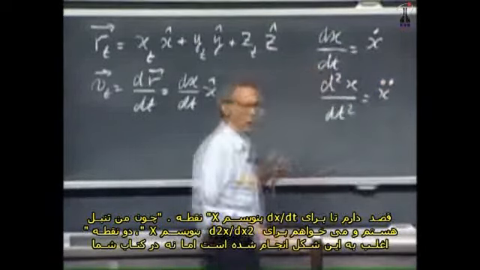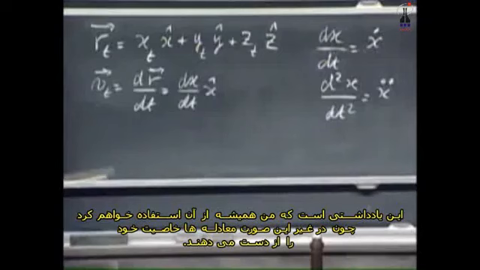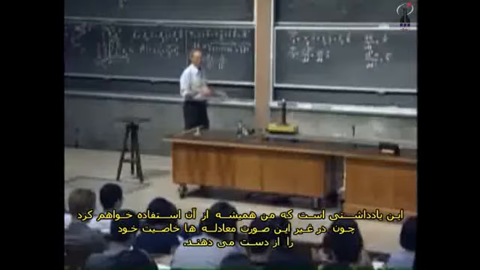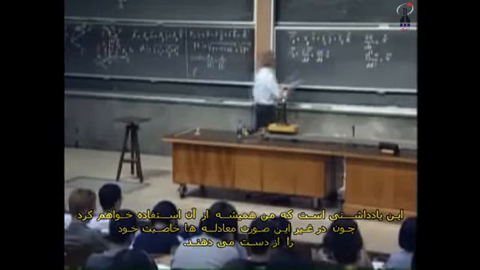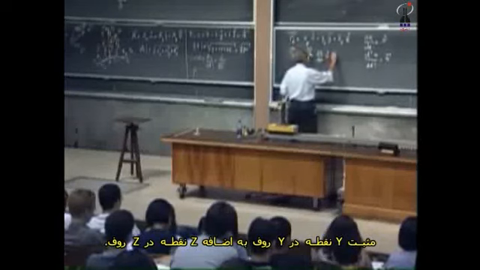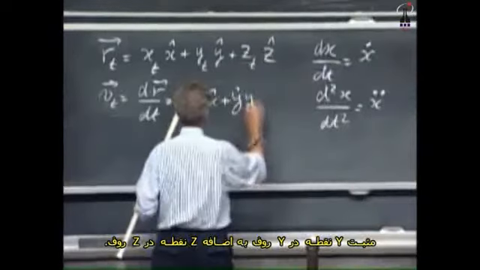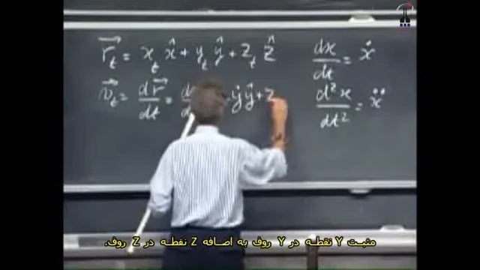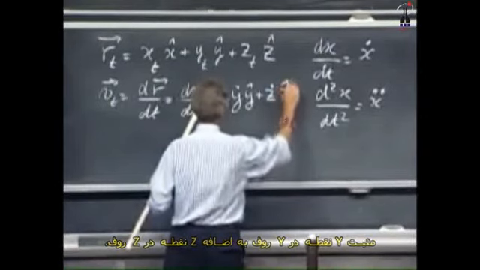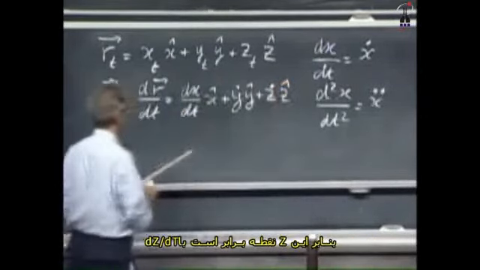It's often done, but not in your book. But it's a notation that I will often use, because otherwise the equations look so clumsy. Plus y dot times y roof plus z dot times z roof. So z dot is dz/dt.